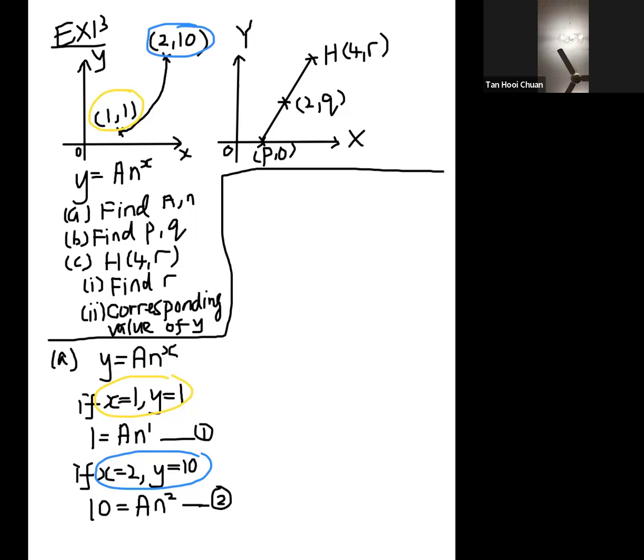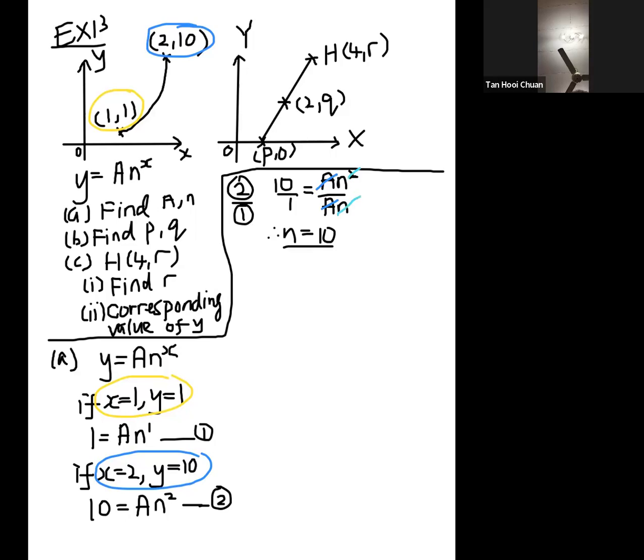So what you need to do is 2 over 1. This is the way you solve this simultaneous. So 10 over 1 equal to this one over A. So just n equal to 10. A and A cancel, n square and n cancel.